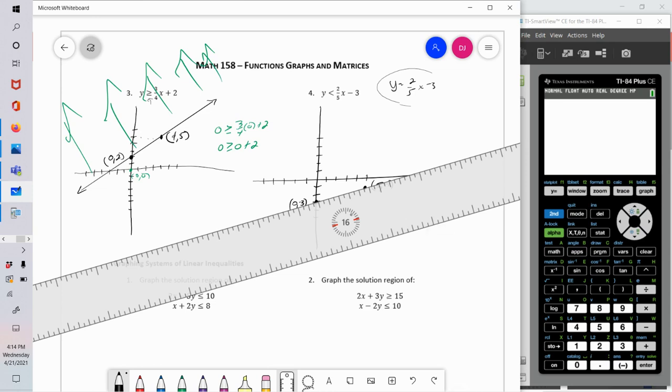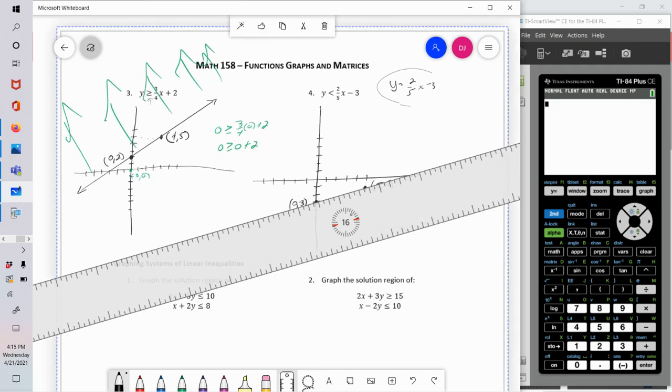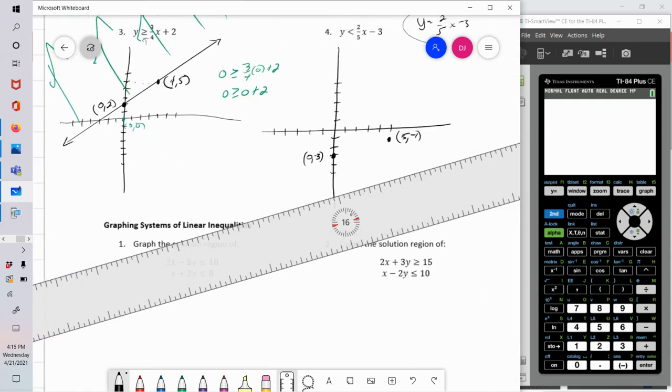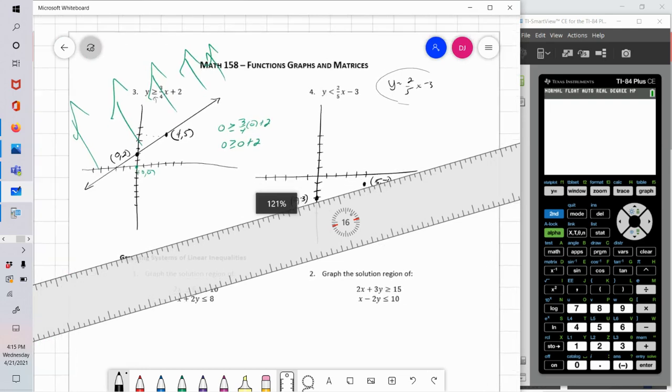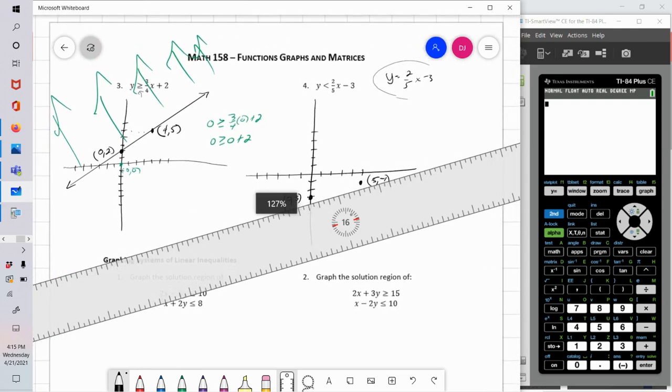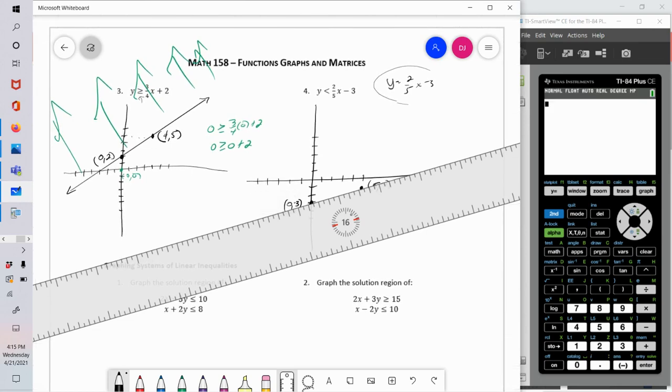Since this is less than only, it's not equal to, we're going to have a dotted line.